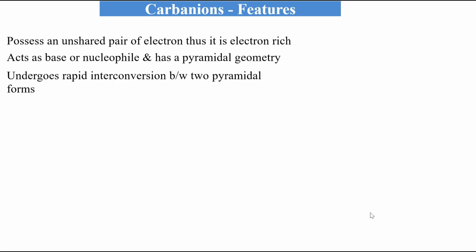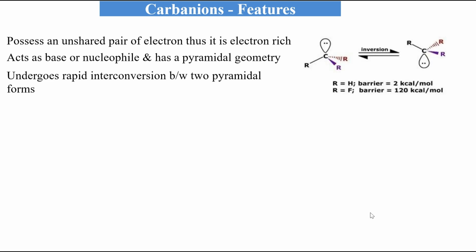These pyramidal forms can exist in two forms. One is where one of the p or sp3 hybrid orbitals is occupied by the lone pair of electrons. It gets inverted.